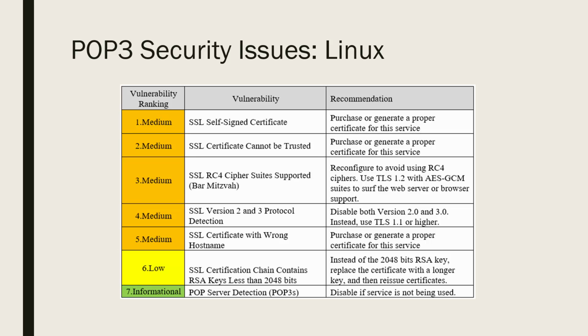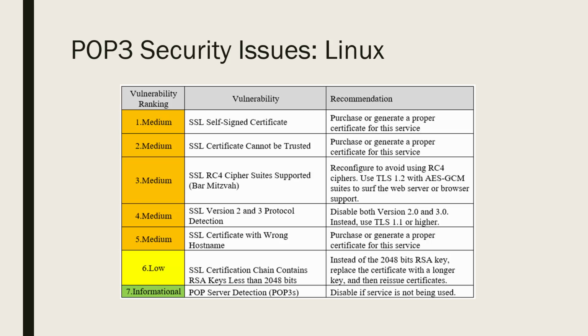If you look at number 6, the SSL certification chain contains less than 2048 bits. According to the standards set by the Certification Authority browser forum, the RSA keys have to be at least 2048 bits or more.